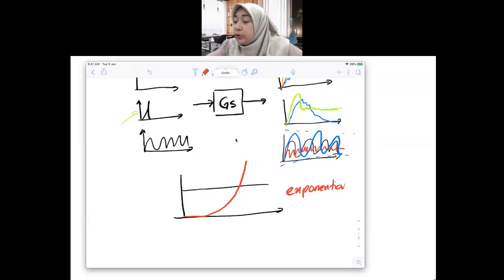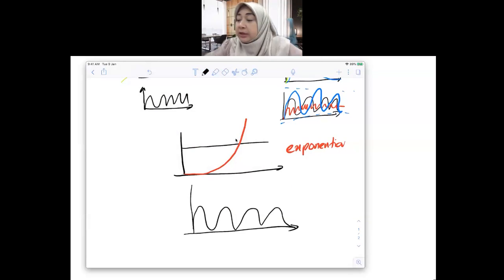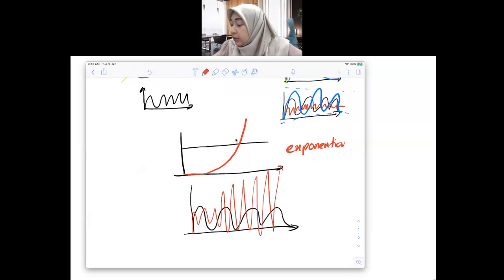Also if I apply, for example, a sinusoidal input or impulse input, like let's say sinusoidal input, this is my input. So how does the system respond? Maybe it will respond like this and then become bigger and bigger and bigger, and the envelope is becoming bigger.